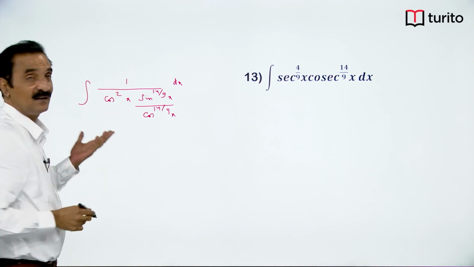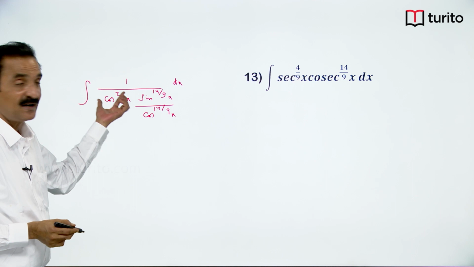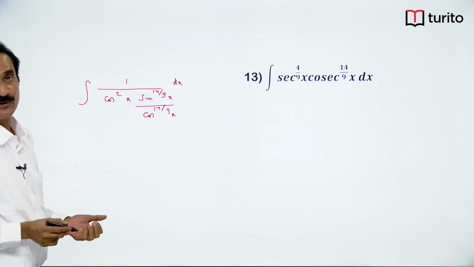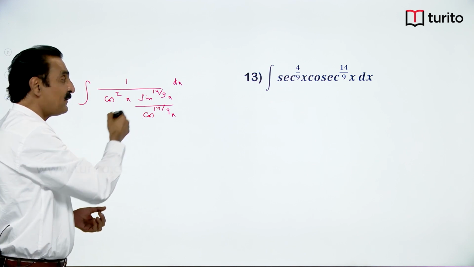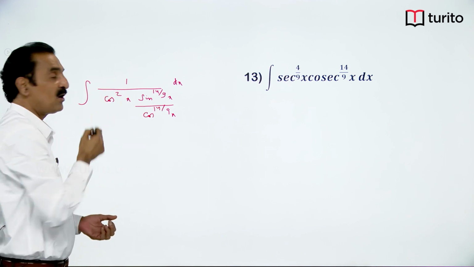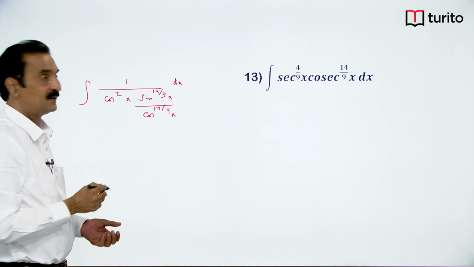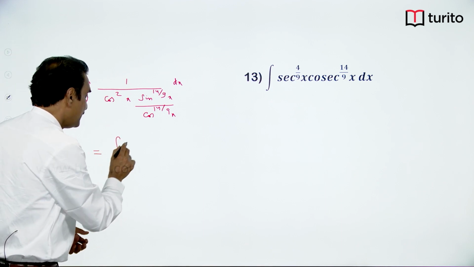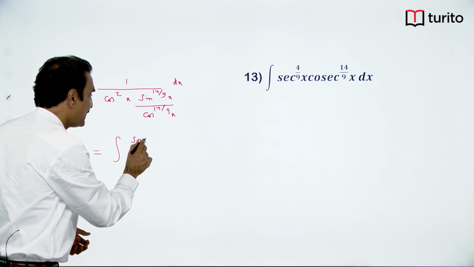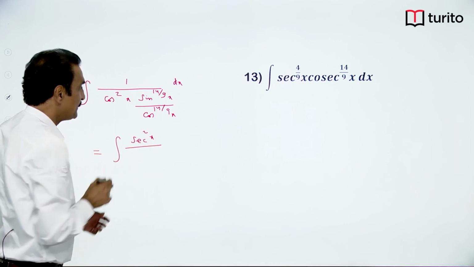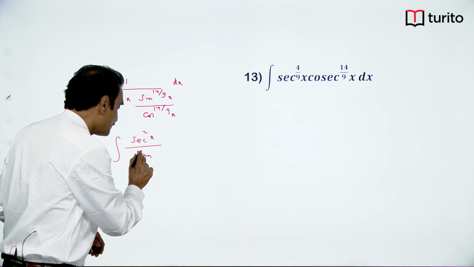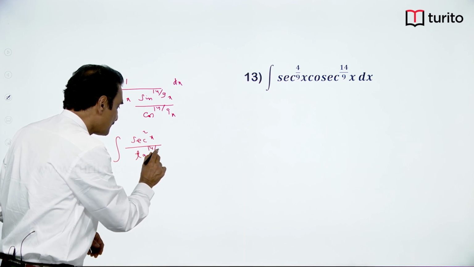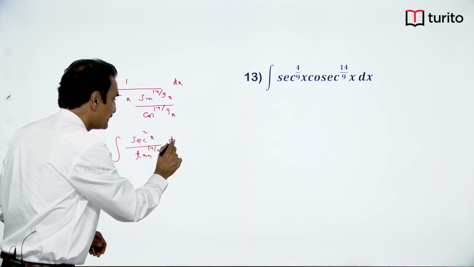Okay. Now, this is tan power 14 by 9, 1 by cos square is secant square. So, it is integral of secant square x by tan power 14/9 x dx.